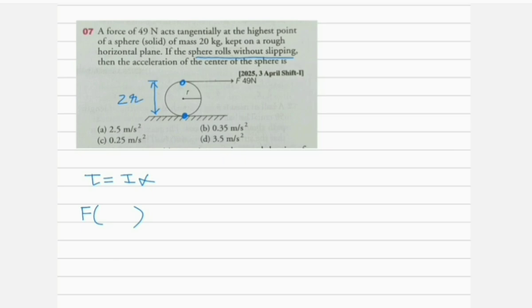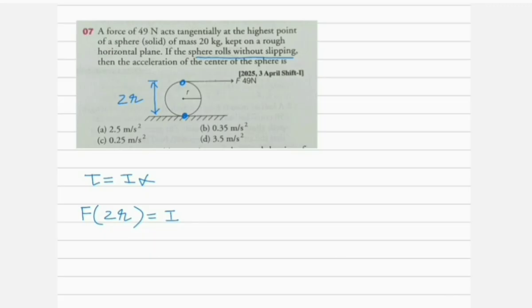So the basic formula for tau is I alpha, that I started. Then instead of tau I am using F into r perpendicular. And sir, r perpendicular is not r. Check the diagram, okay? That's 2r. That is equal to, students, moment of inertia I as it is multiplied by alpha.